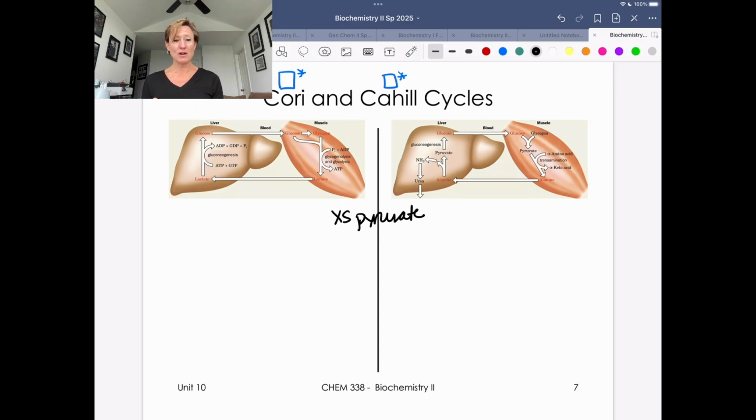Again, why would you have excess pyruvate? You are likely doing a lot of anaerobic glycolysis. Remember, that's a rapid but inefficient way to make ATP. So you have this accumulation, and excess pyruvate feeds back and inhibits glycolysis.